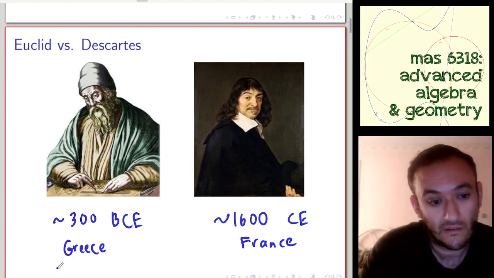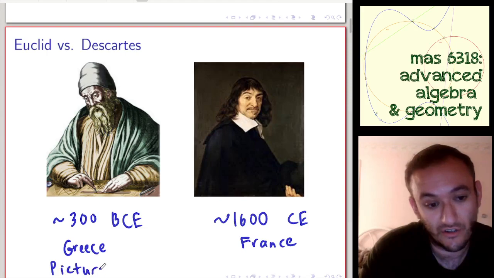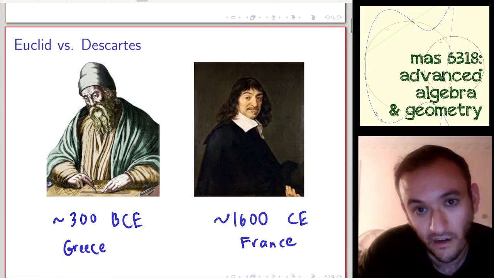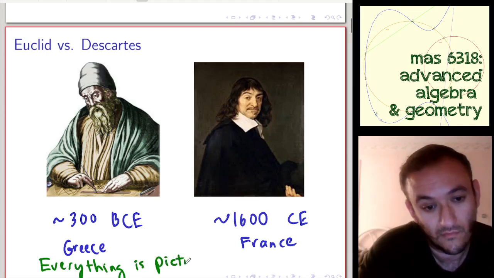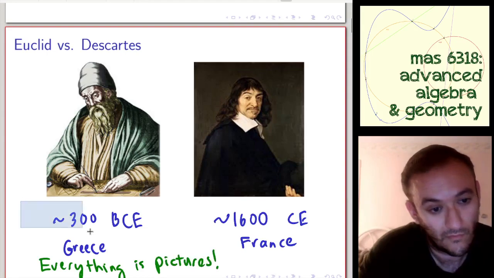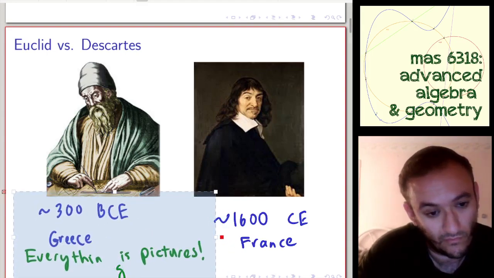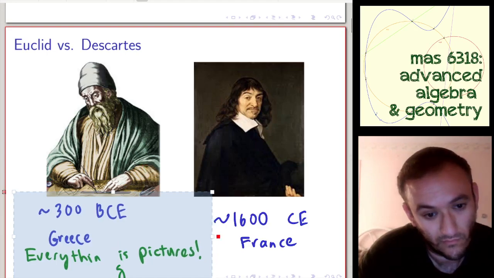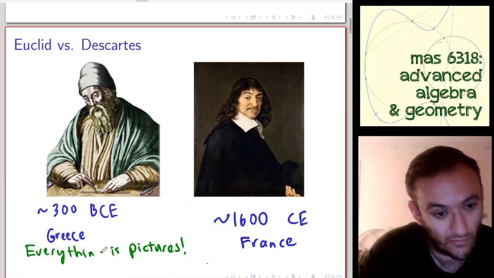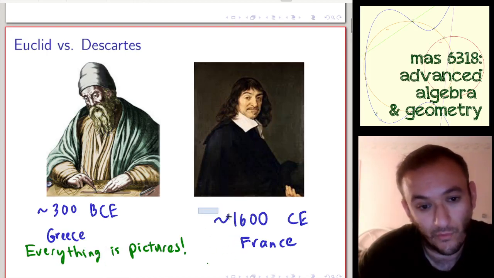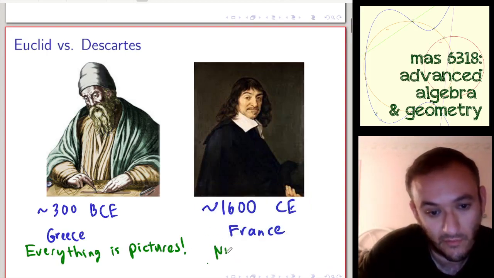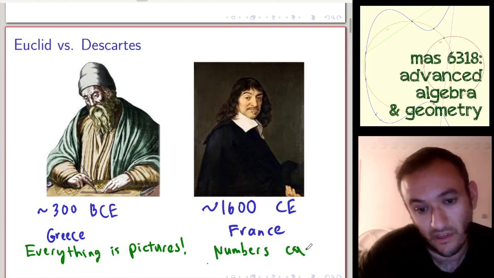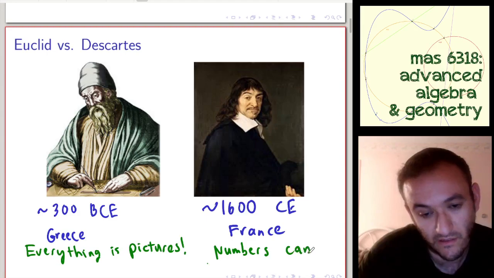So everything with Euclid is pictures, and then we have Descartes, for whom numbers can describe locations. And we're going to go with specifics into what we mean.